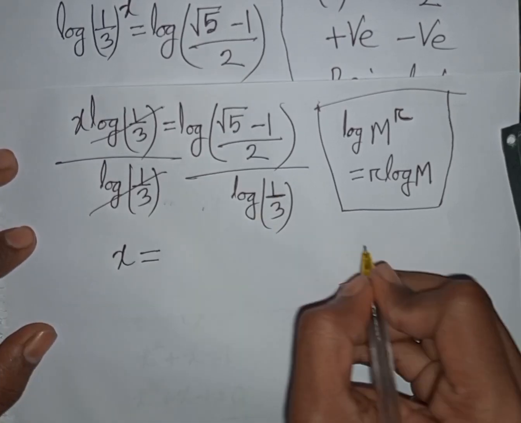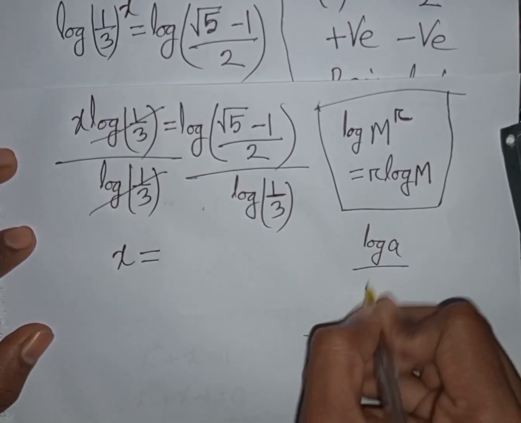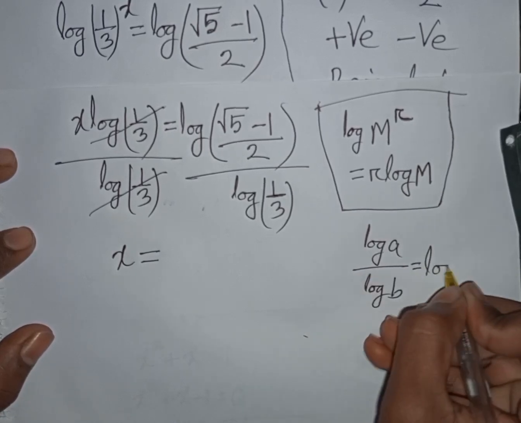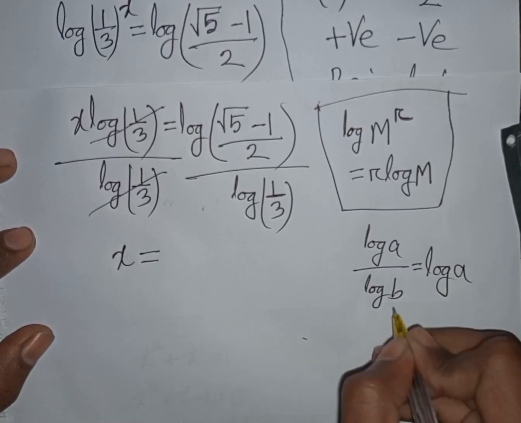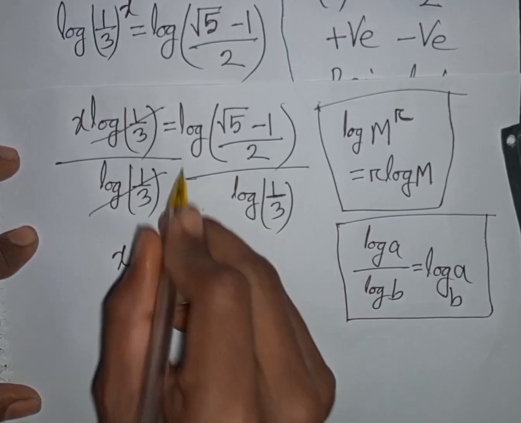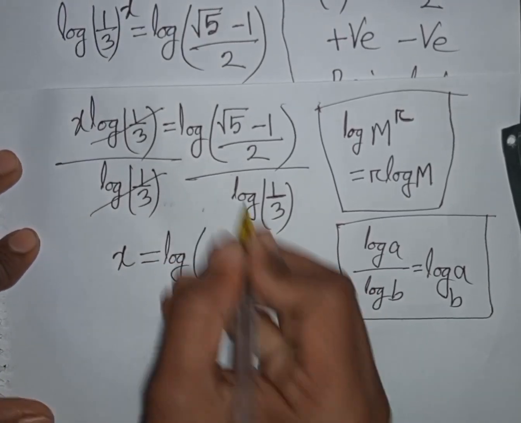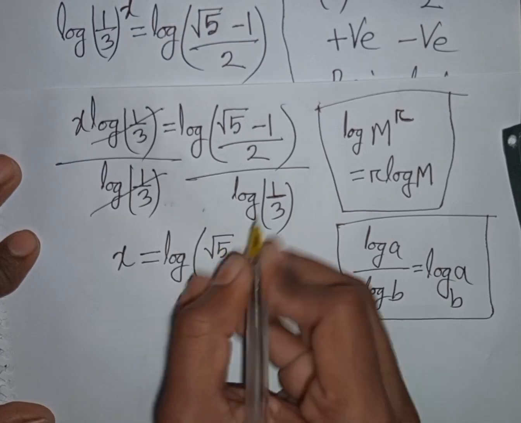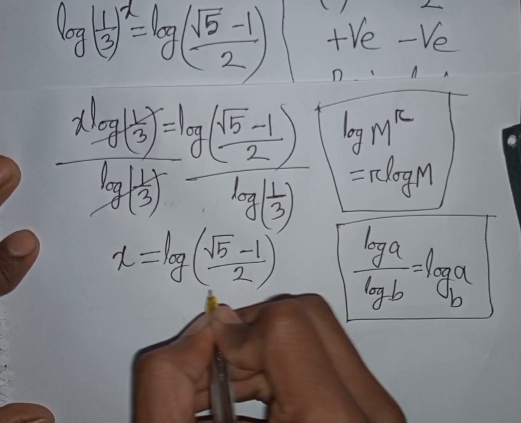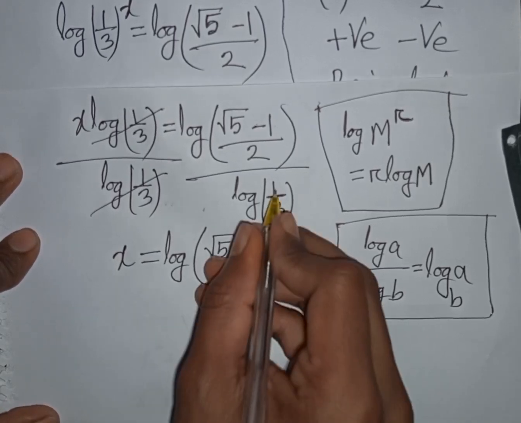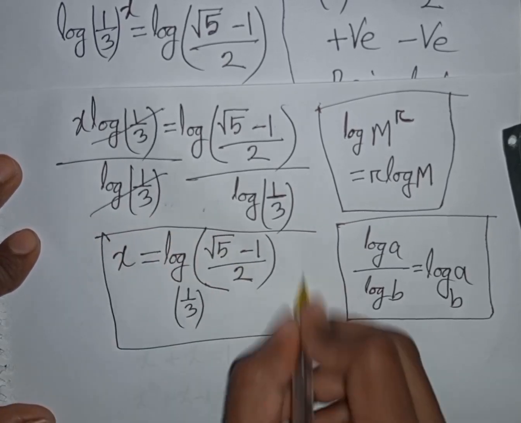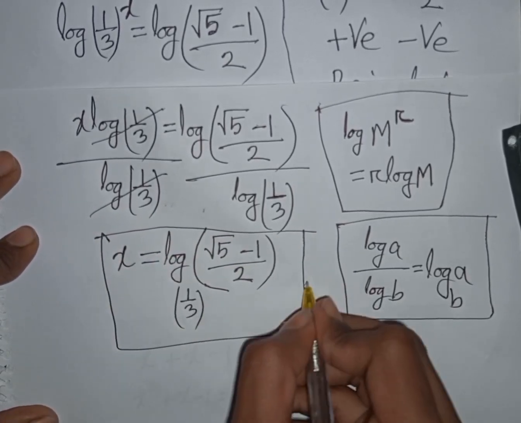That means here I can apply this formula: log a divided by log b is equal to log a base b. So according to this formula, it will be log of square root of 5 minus 1 over 2, then base 1 by 3. So this is the value of x. This is our final answer.